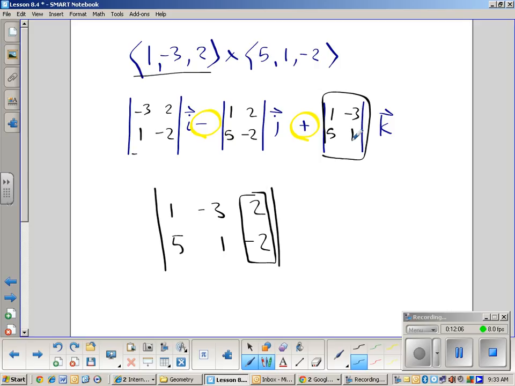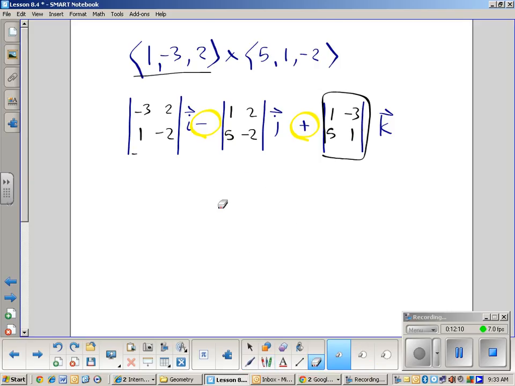Now, let me erase this so I have room to work here. Now we want to simplify. What number represents this? How do I find it? Alexis? Okay, I'm going to go ahead and write it out.